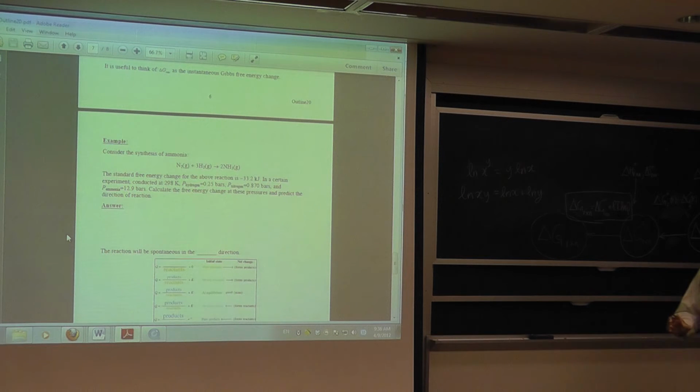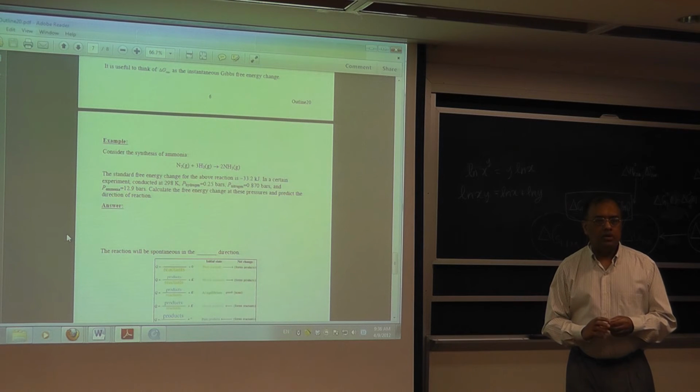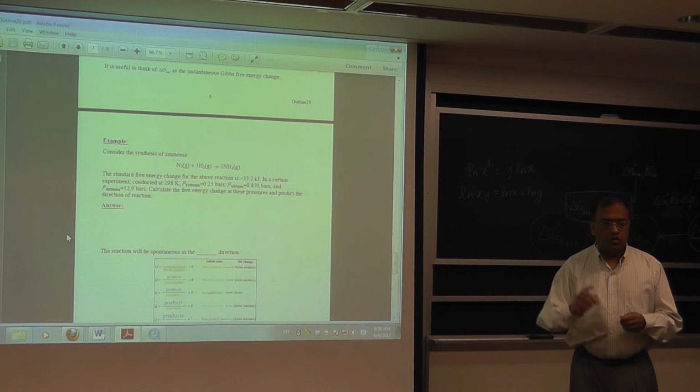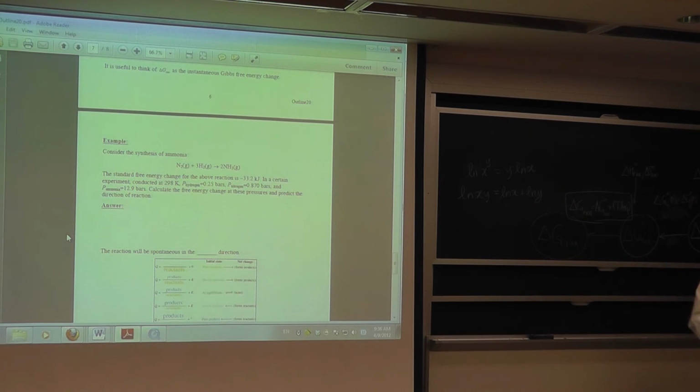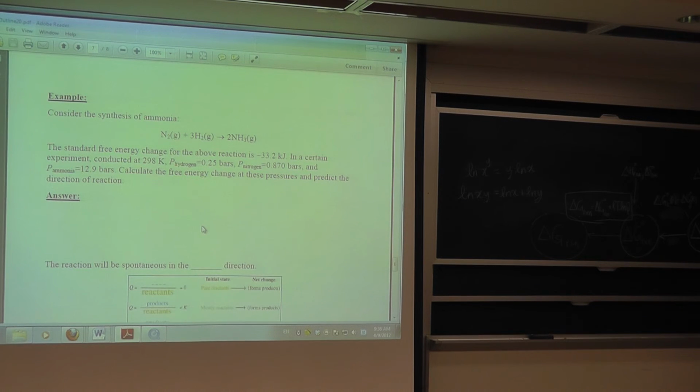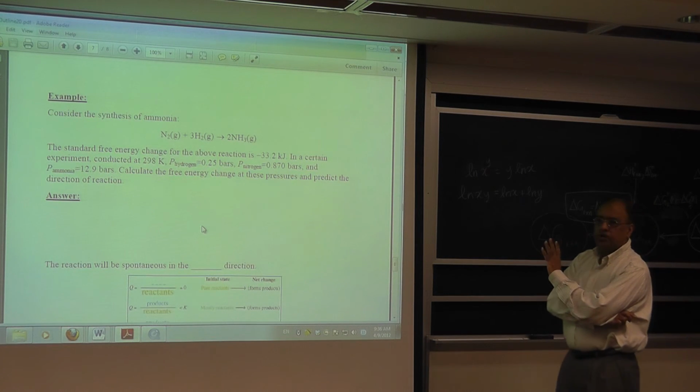Yes, Lauren? So you said Q is equal to the partial pressures of all of the products of the reactor. Right, with the appropriate superscript. Can you take a couple of minutes and write out the equation here, but don't solve it? So don't solve the problem, just write out the equation.